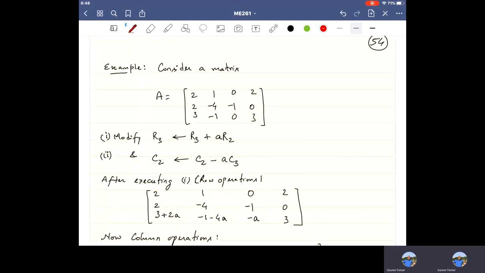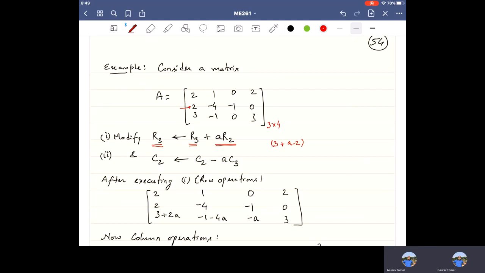Let's take an example of this matrix, which is 3 cross 4. It has 3 rows and 4 columns. And we modify this using the elementary row operations and column operations in this way. We say that row 3 is essentially row 3 plus A times row 2. So row 3 becomes 3 plus A times row 2, which is 2A as the first element.